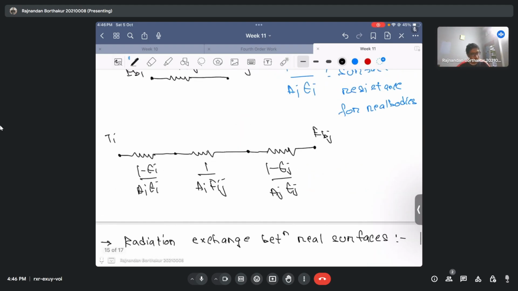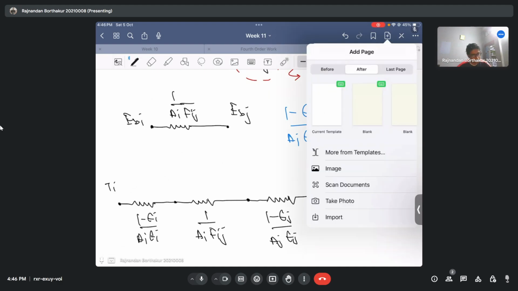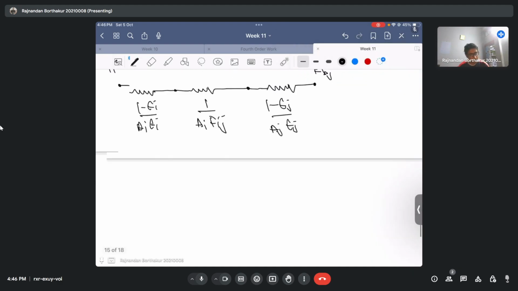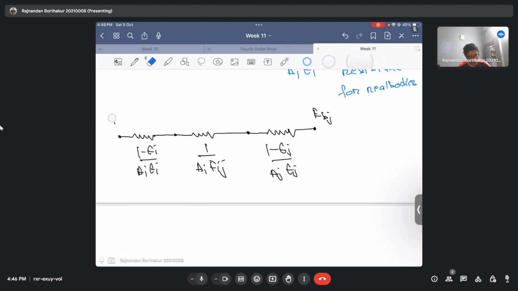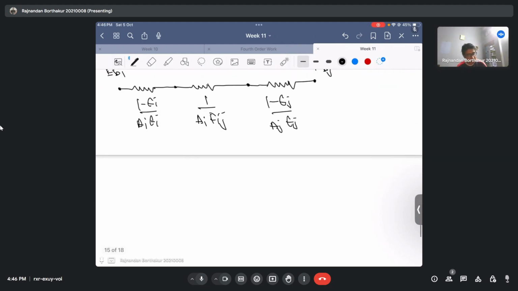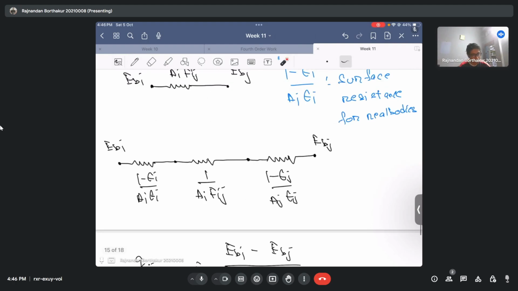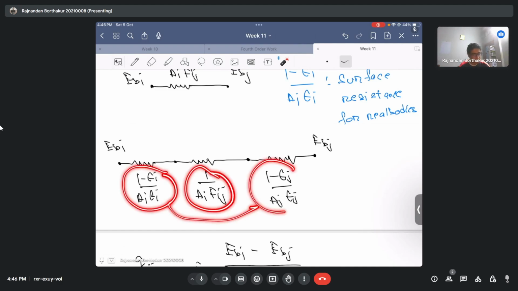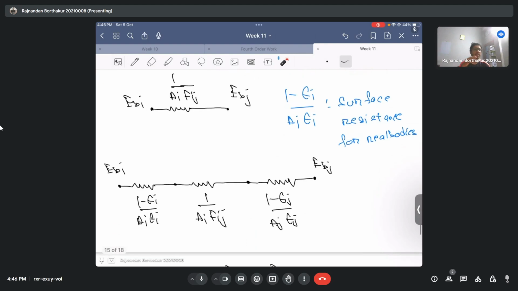Similarly, for real bodies, drawing the same analogy, this will be EBI, of course. So the net radiation exchange in terms of the resistance for real bodies, I will write as Qij real. This will be nothing but EBI minus EBJ divided by, now instead of just one space resistance, one space resistance and two surface resistances, typically because your bodies are no longer black bodies but real bodies.